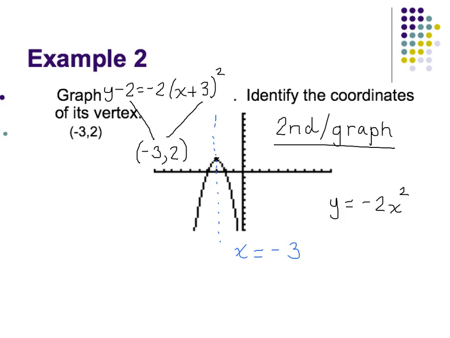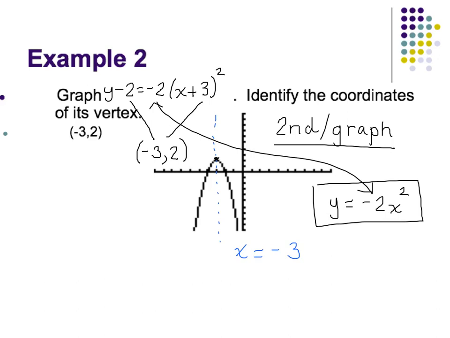We might ask the question, how is this graph related to the graph of y equals negative 2x squared? Well, first notice that they have the same a value. So they're going to have the same amount of spread away from the vertex. But what's different is obviously that the vertex of our new graph is at negative 3, 2.